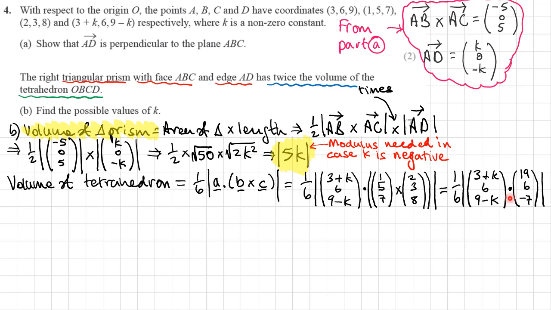So now I've put that in, I can work out the dot product between these two vectors. That will give me 3 times 19, or 19 plus k times 19, so it's going to be 57 plus 19k, and then 6 times 6, so plus 36, and then times this part here by negative 7, so that'll give me negative 63, and then plus 7k.